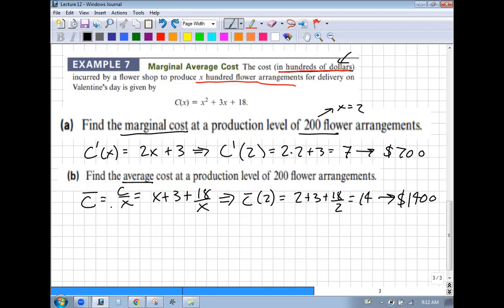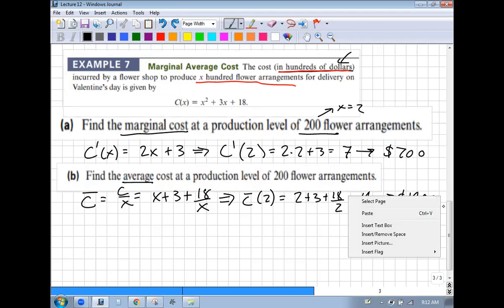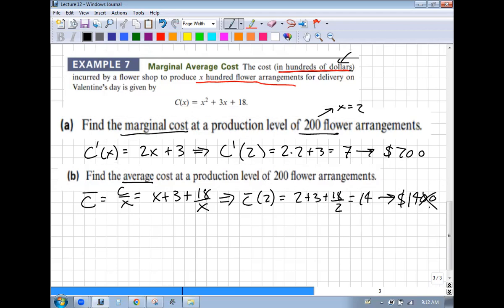All right, let's think about these. This might be 14. I think this is supposed to be 14. Why is it 14? Why aren't we doing it? Because this is in hundreds, right? Let's look at the units. This is in hundreds of dollars, right?